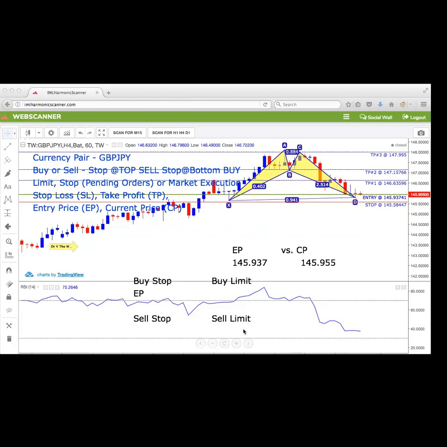If the entry price is above the current price, it's a buy stop.